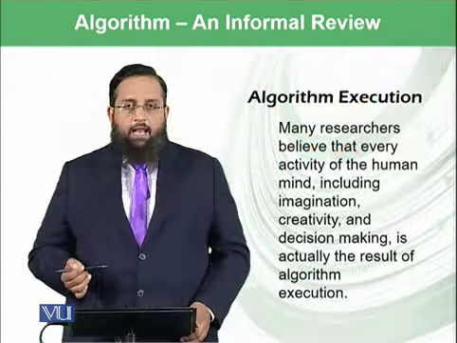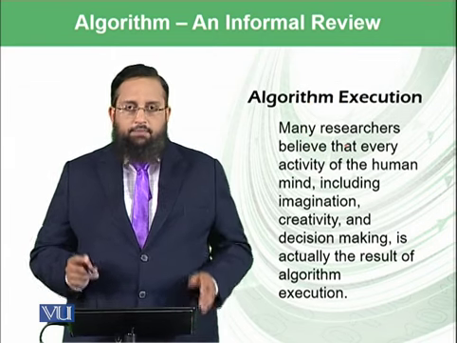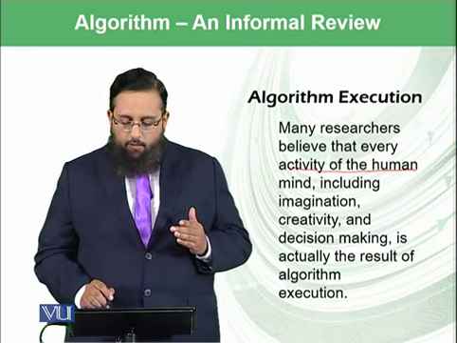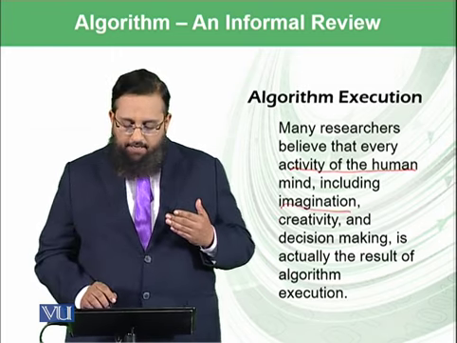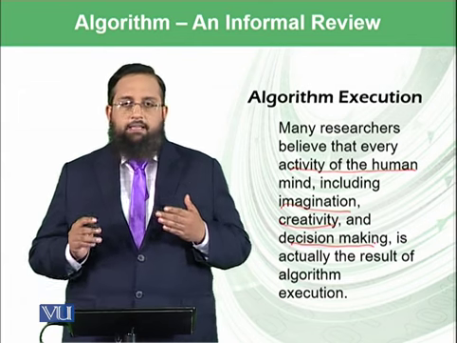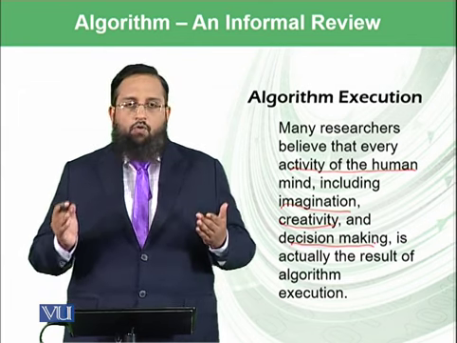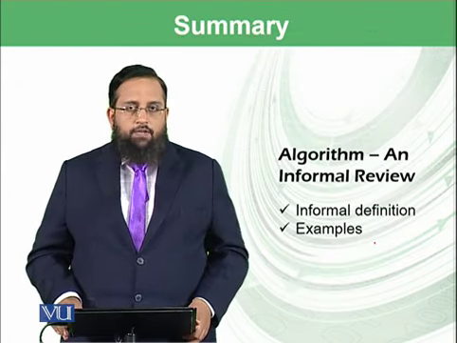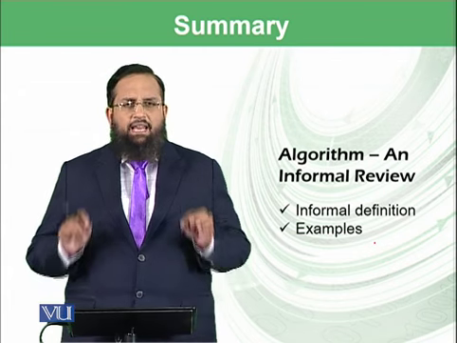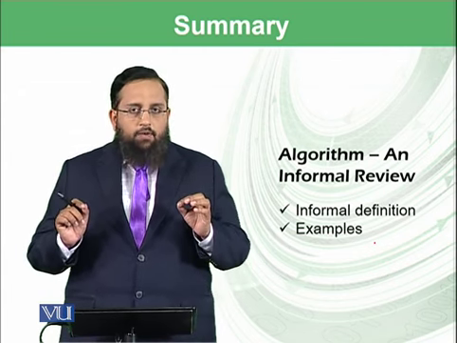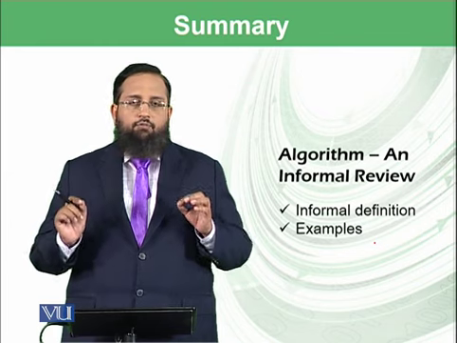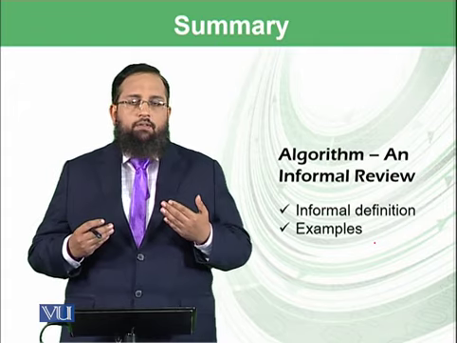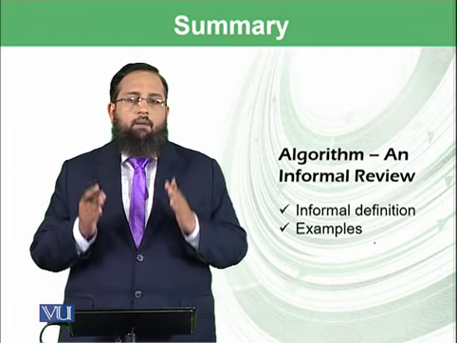Many researchers believe that every activity of the human mind, including imagination, creativity, and decision making, is actually the result of an algorithm execution. So if we summarize today's module, we have very generally defined the algorithm and we have solved different examples of how we can write algorithms for simple things to be performed by the computer.